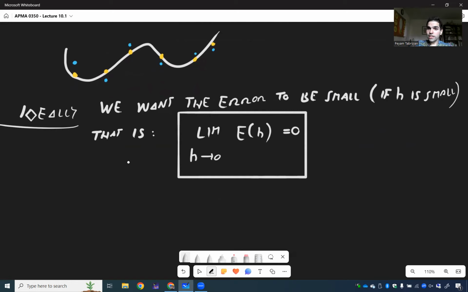And the good news is, in fact, Euler's method is a good method in the sense that this error is small.